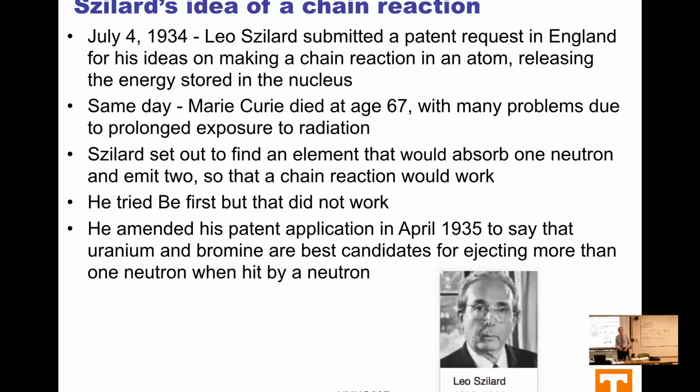Szilard was one of these Hungarian Jews who came to Germany to get his PhD and then left Nazi Germany to go to England. He had trouble finding a scientific position, but he was a dreamer. He was the guy that knew H.G. Wells personally.